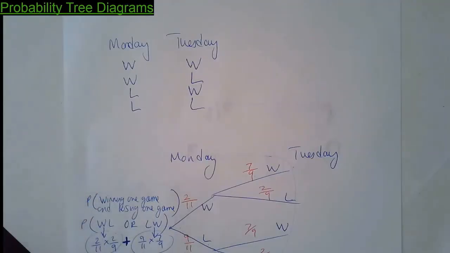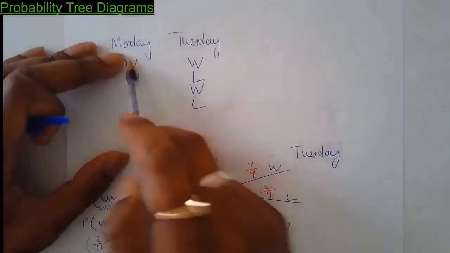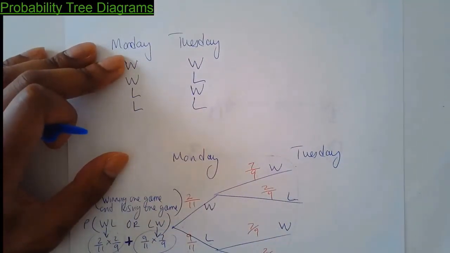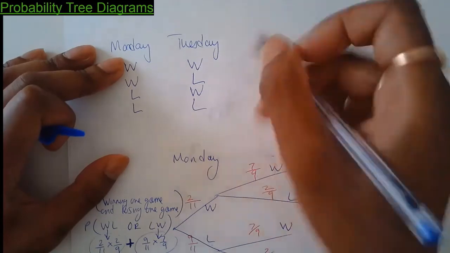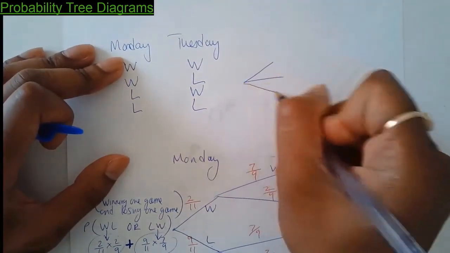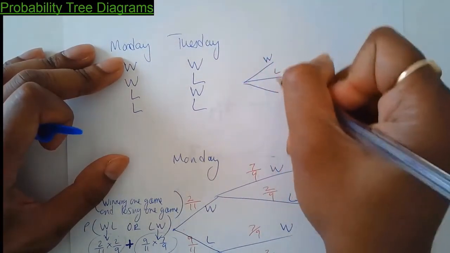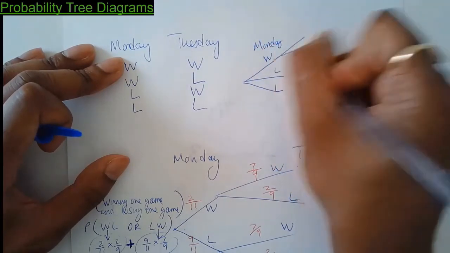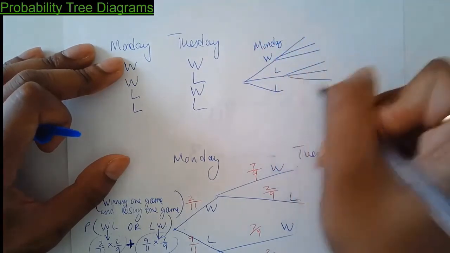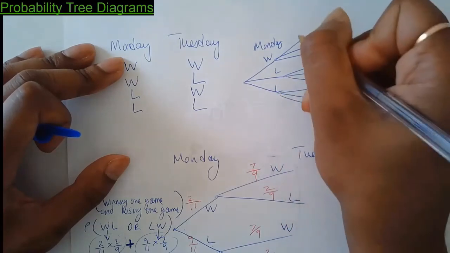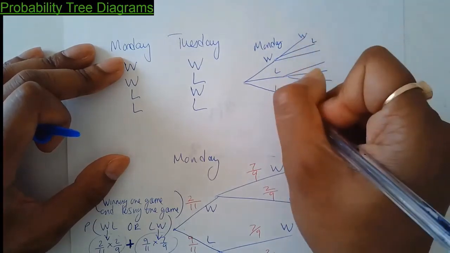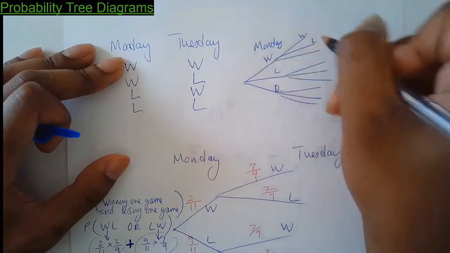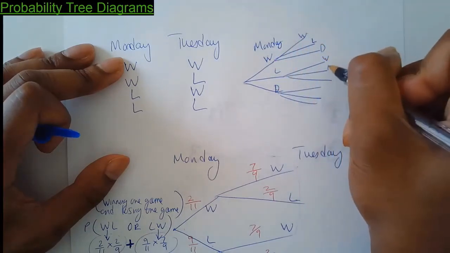Right, just out of interest, if I wanted the same 2 days, but this time you can win, lose or draw, you can imagine how much more complicated this diagram would look. You could have win, lose, draw for the Monday. You can see what I'm doing here. Win, lose, draw, win, lose, draw, win, lose, draw.